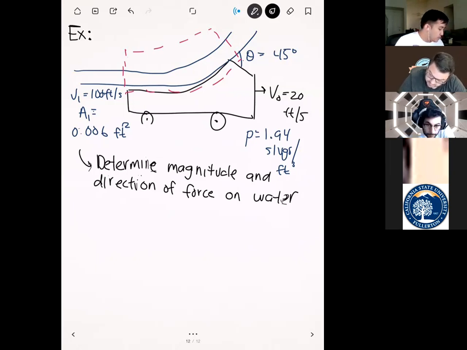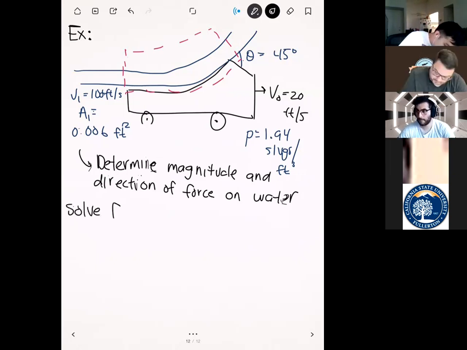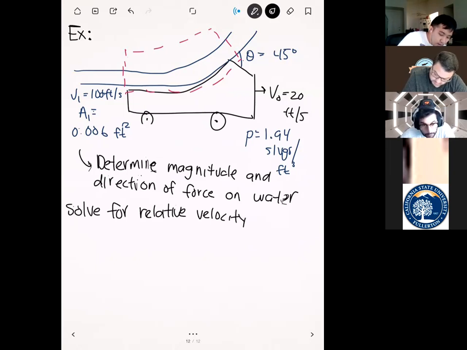So the first thing that we need to do is solve for our relative velocity because it's a moving control volume problem. And at the same time, we're going to apply conservation of mass.